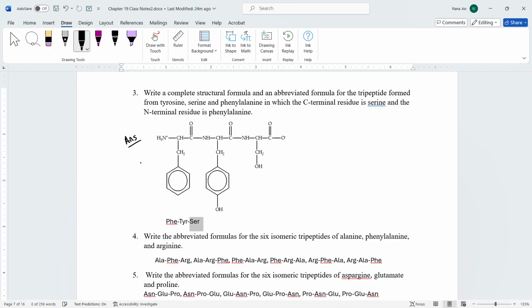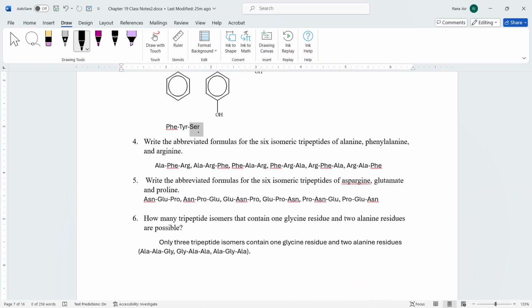So as you did before, go to the table of the amino acids, write down the structures of each of these amino acids. And once you write down the structures, you can allow the water to leave and you can form the peptide bond.